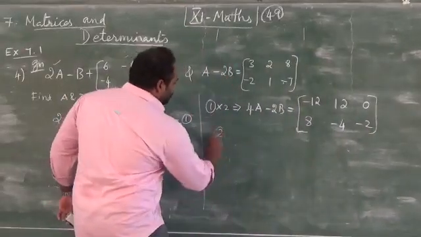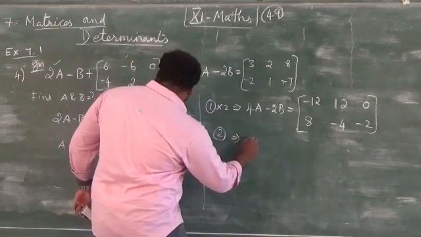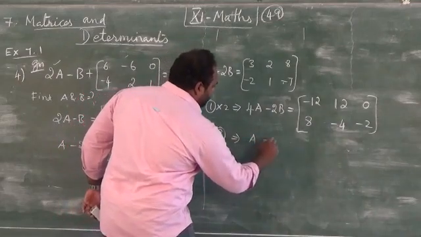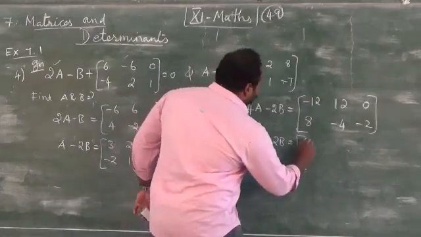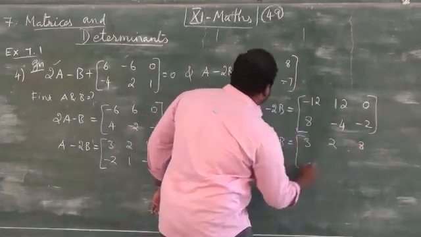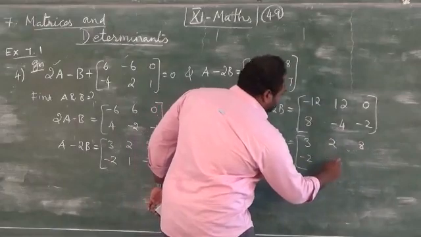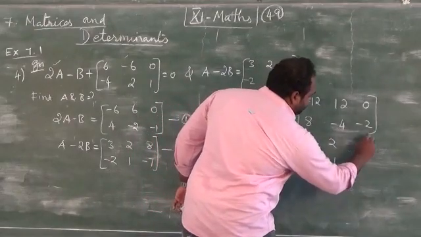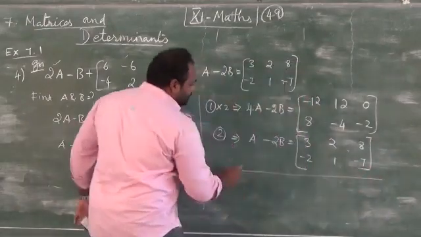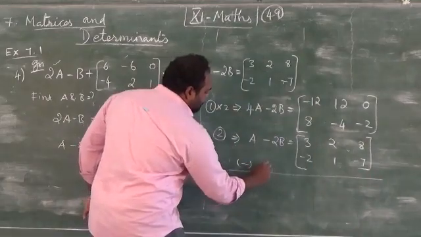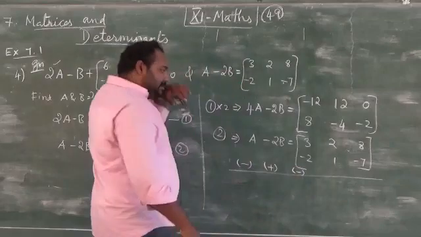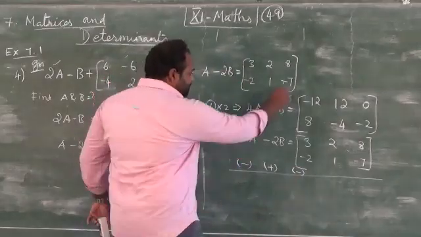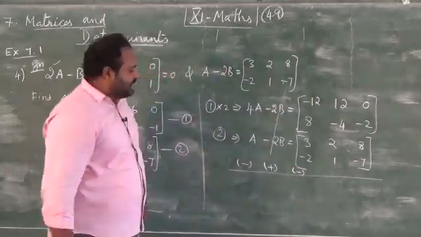Next, I am going to write equation 2 as it is: A minus 2B equals the matrix 3, 2, 8, minus 2, 1, minus 7. Here I am going to change the sign, so the minus 2B and plus 2B will be cancelled.